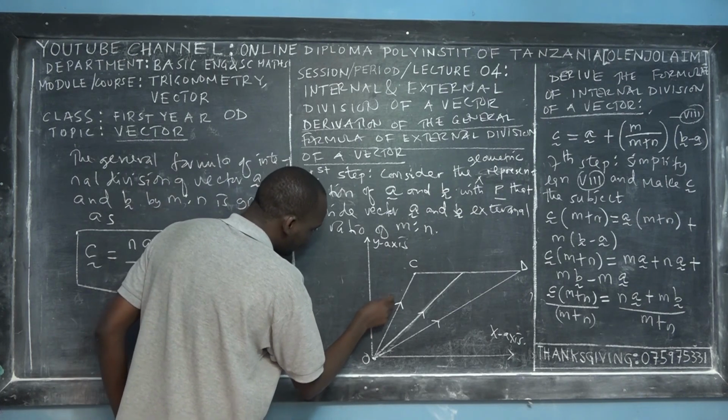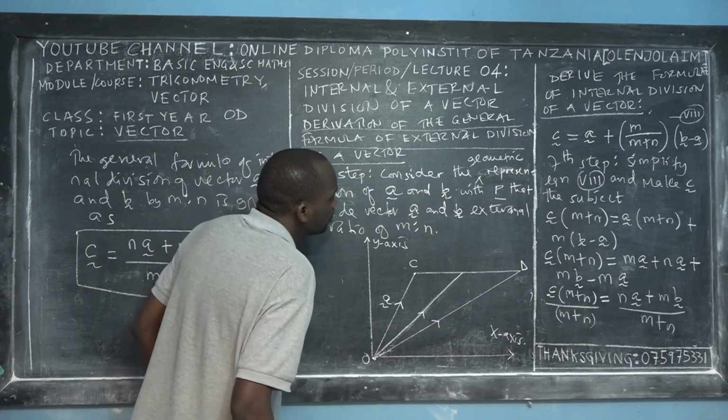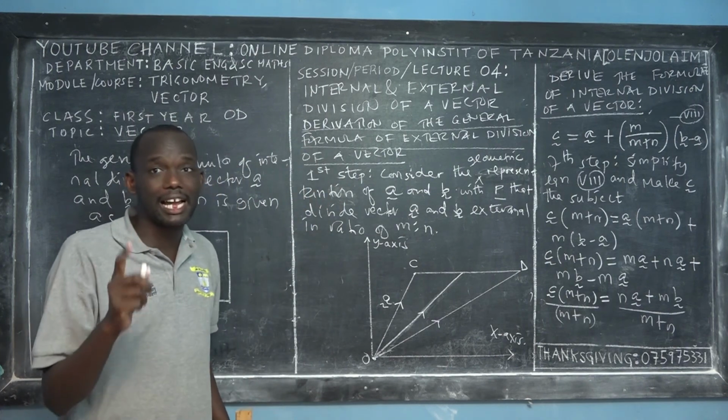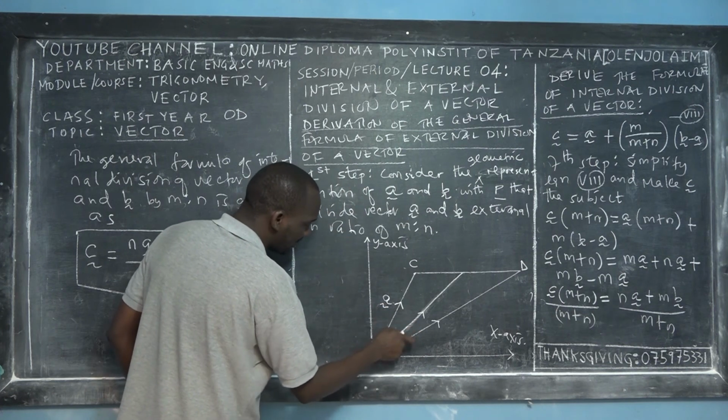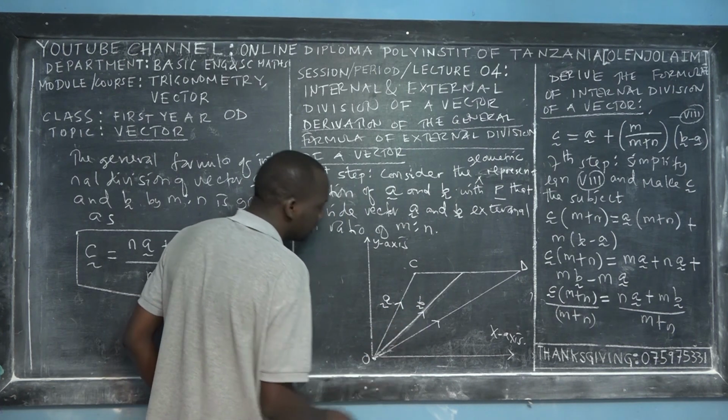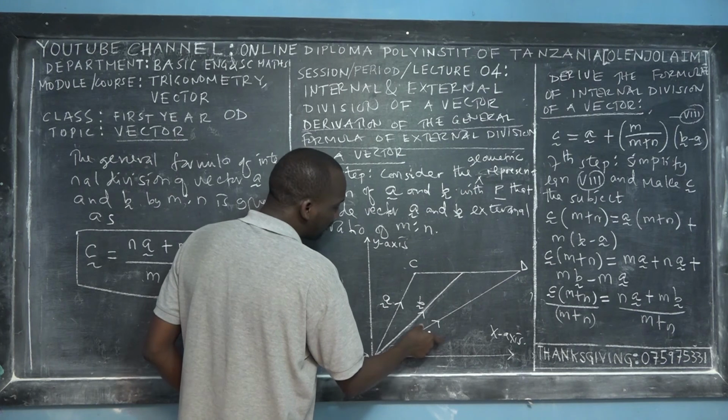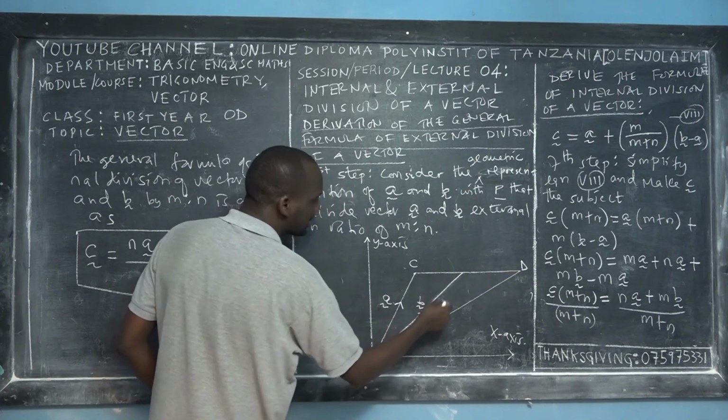Suppose that this is position vector A. So when we are dividing a vector externally, just like a line, these are the two vectors that we are dividing, vector A and vector B. Which vector is dividing? This one is dividing externally.